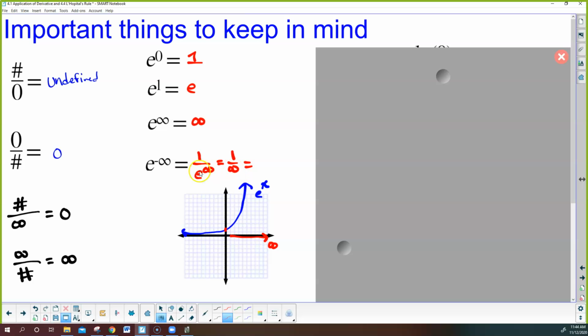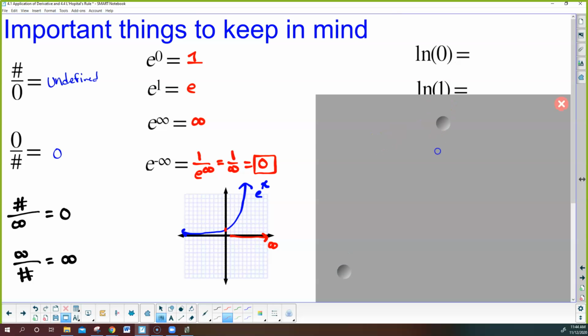And isn't 1 over infinity equal to 0? If I have a rope that's 1 foot long and I cut it into an infinite amount of pieces, I get 0. So you can think of it graphically, or you can use your properties of exponents to rewrite this part. But these are all important things to remember to do without a calculator, because they're going to come up.